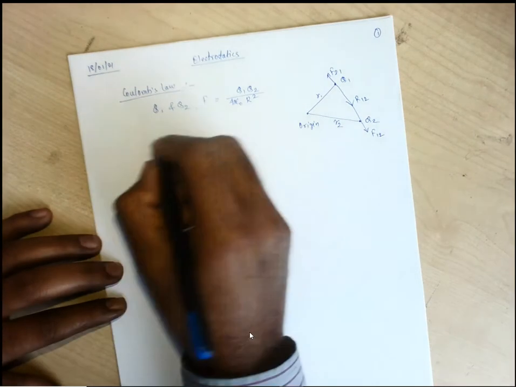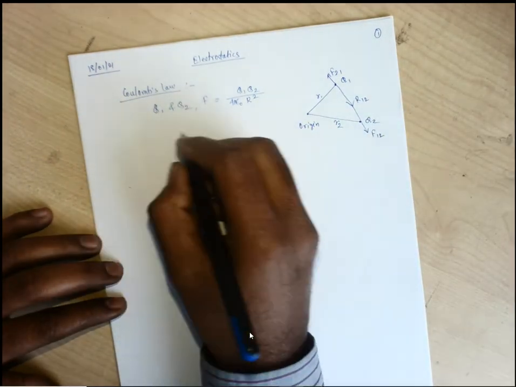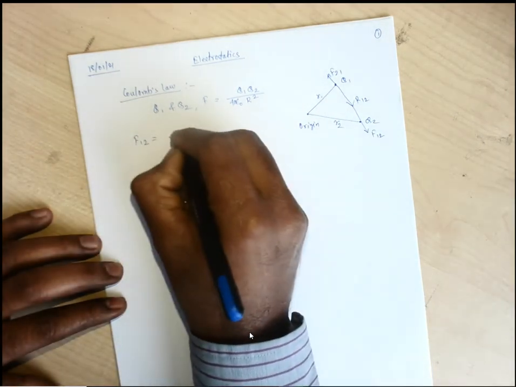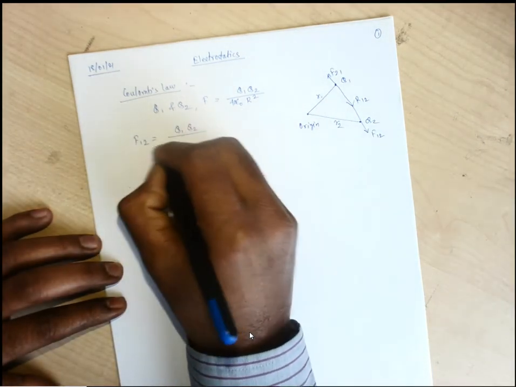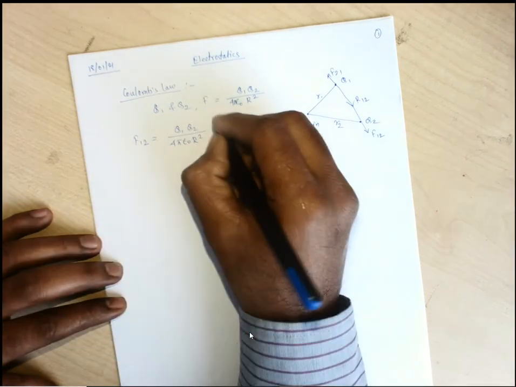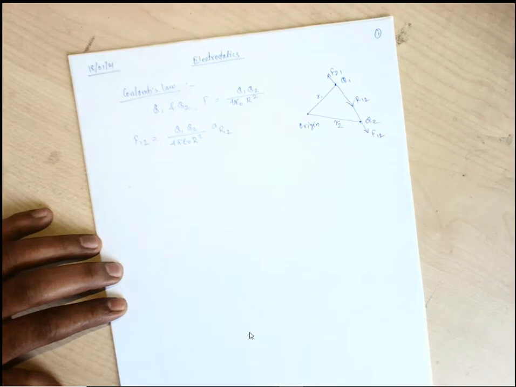So what we can write, the force acting on Q2 due to Q1, F12, is equal to Q1 Q2 by 4 pi epsilon naught r square, times the unit vector a_r12, right?